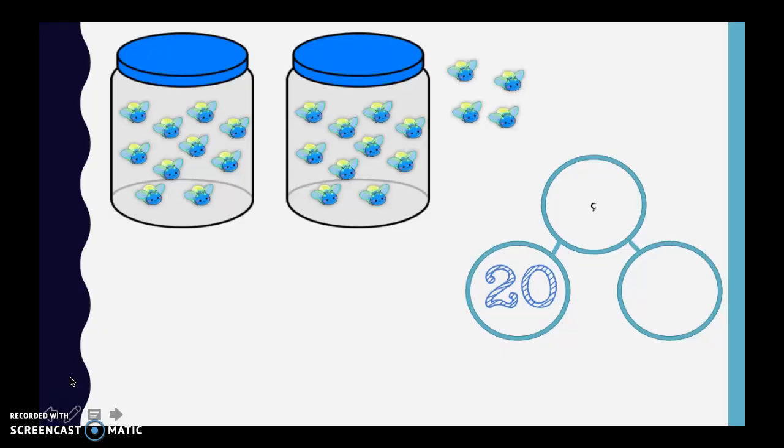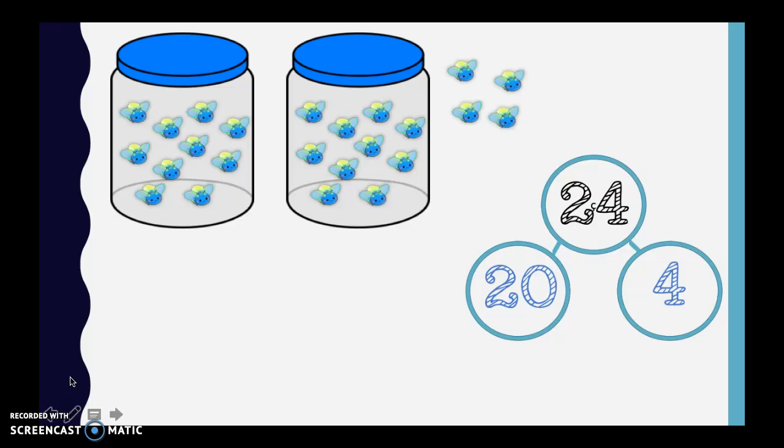My other part would be how many are not in the groups of tens, or how many ones I have. 1, 2, 3, 4. So my other part is 4. Friend, if I put 20 and 4 together, how many would I have? Yeah, you're right. I would have 24. If I wasn't sure, I could just count up 20, 21, 22, 23, 24.